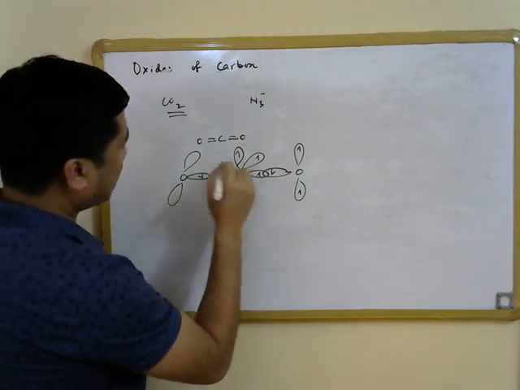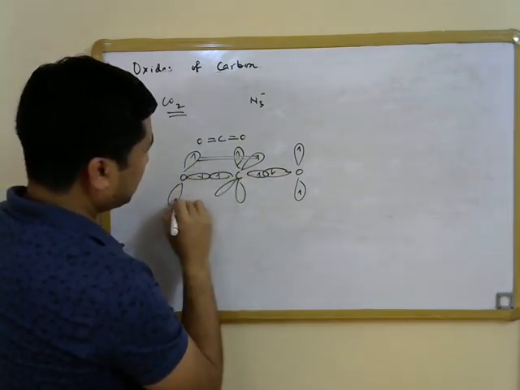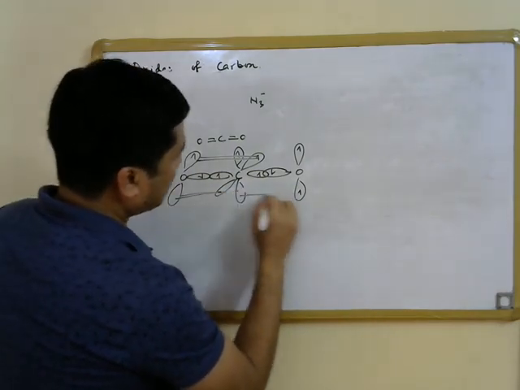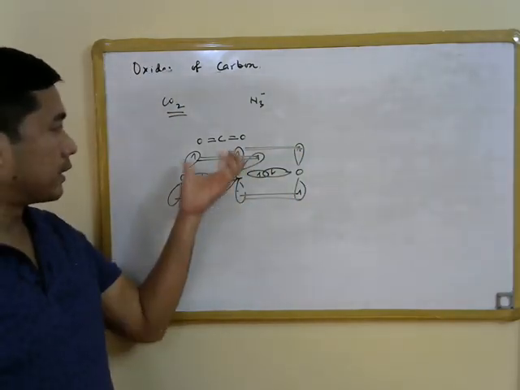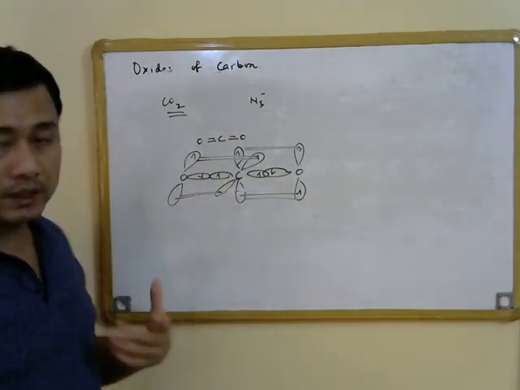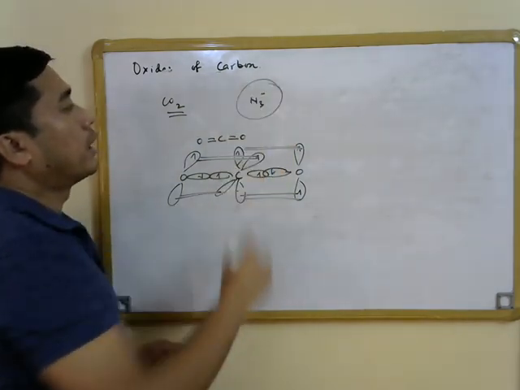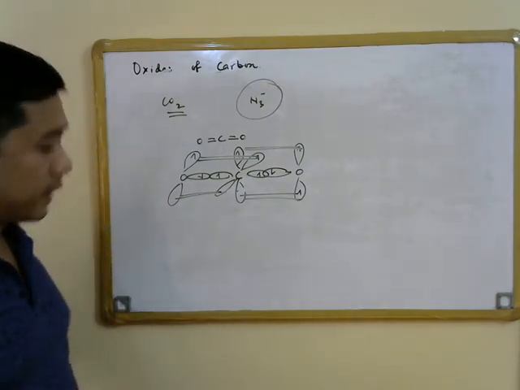So that is how we can look at the structure of carbon dioxide. It is a linear species because carbon atom is essentially sp hybridized, and again it is isoelectronic with azide. That also tells us that it is a linear compound.